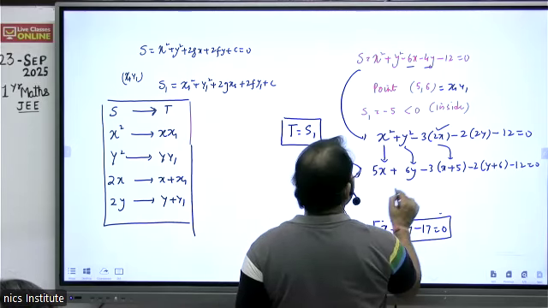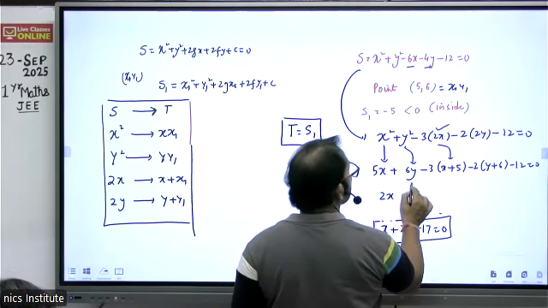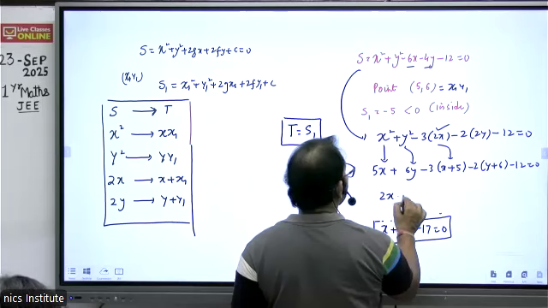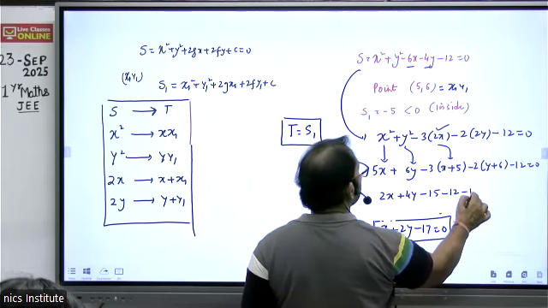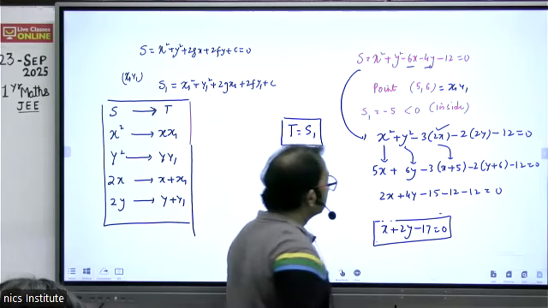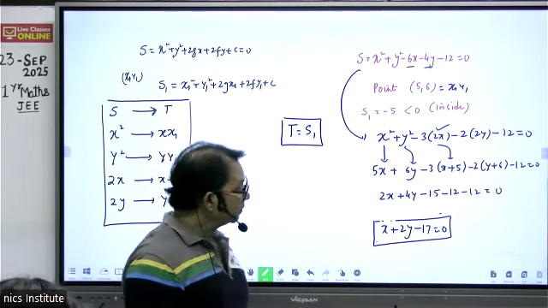So 5x minus 3x, 2x, 6y minus 2y plus 4y minus 15 minus 12 minus 12 equal to 0. C is the same answer.